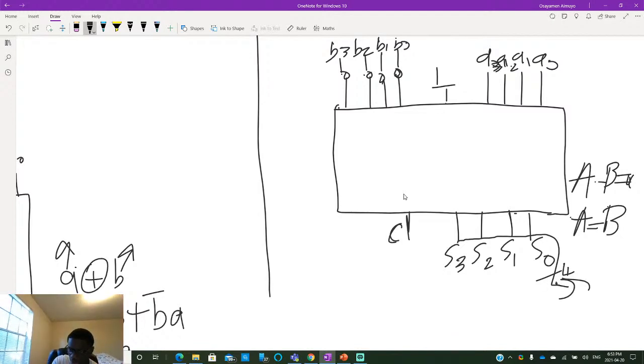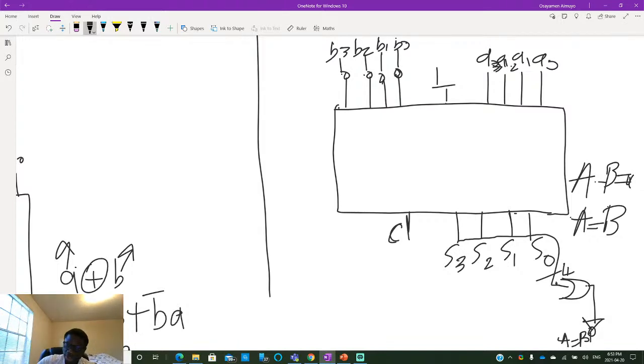Put that into an OR gate, and you negate that value as well. That tells you if A is equal to B. For example, if we get all zeros, the OR gate gives us a 0 as output. Negate that, and you get a 1. If any of them is a 1, the OR gate gives you a 1. Negate that, you get a 0, so A is not equal to B.